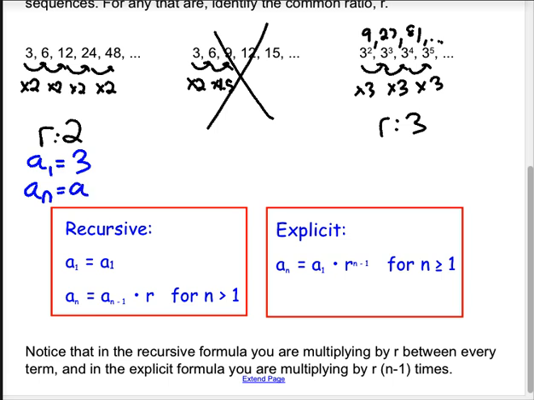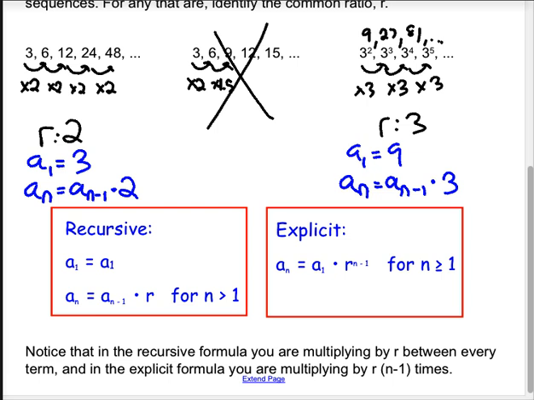I'm taking a sub n minus 1 and multiplying it by that r, by that 2. Recursively over here, I identify my first term as 9 or 3 squared, whichever you prefer. And then every one of my terms, I take my previous term and multiply it by that r.